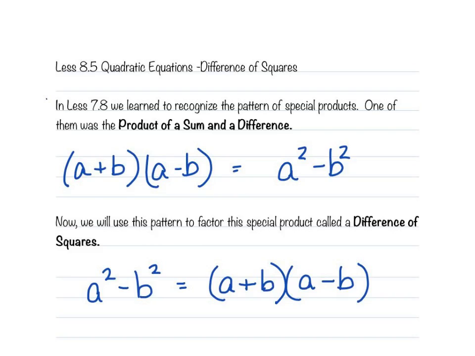Well, now that we're factoring, we will simply follow the pattern working backwards. We will learn to recognize the difference of squares, a squared minus b squared, and we will learn that it equals a plus b times a minus b.